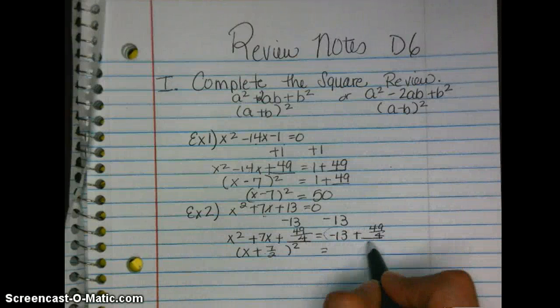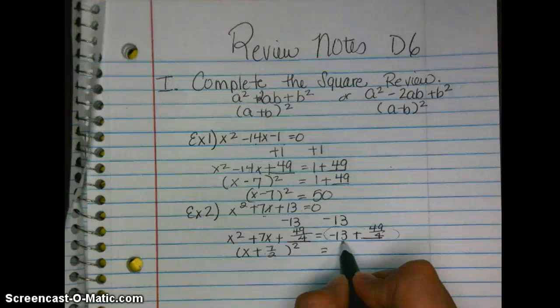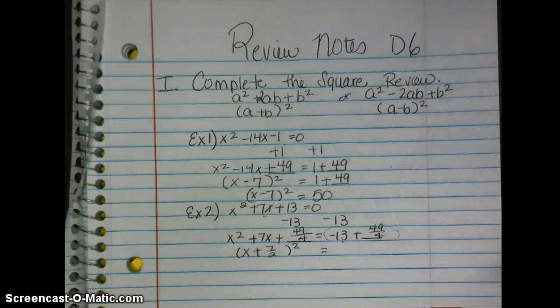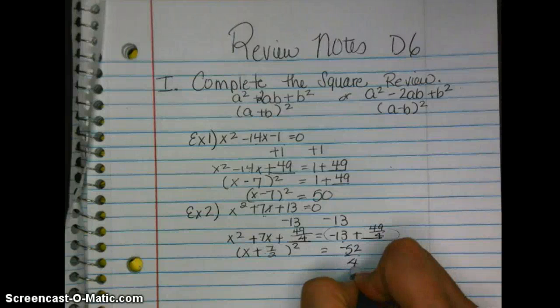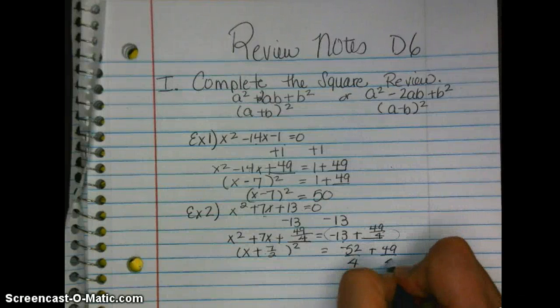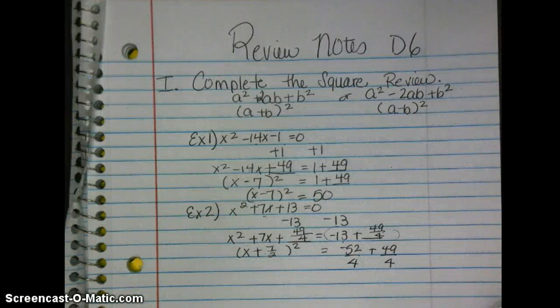To simplify, I'm going to have to find the common denominator. So 4 times negative 13, plus 49 over 4, and that gives me negative 3/4.